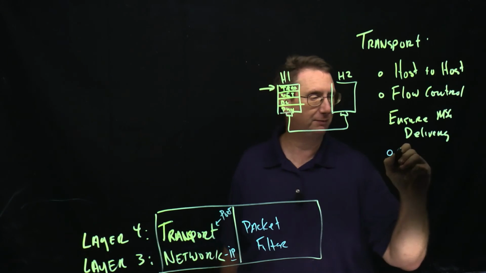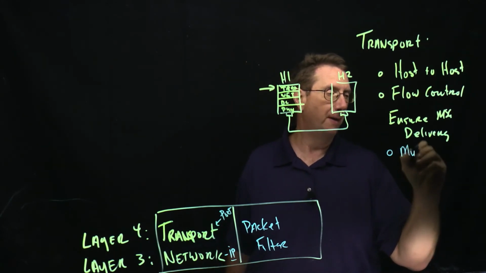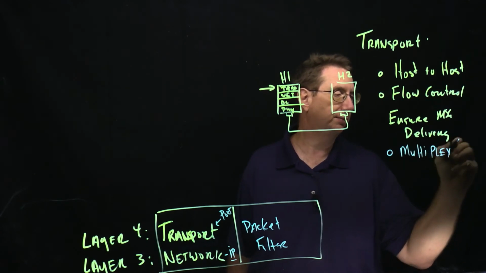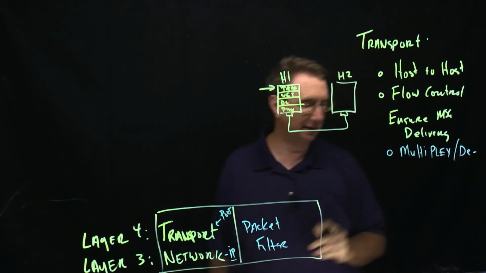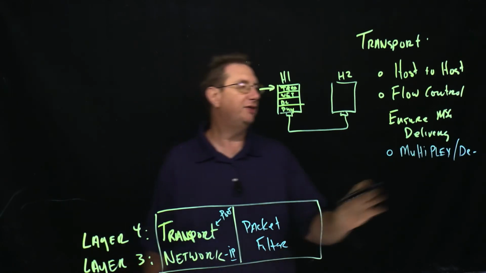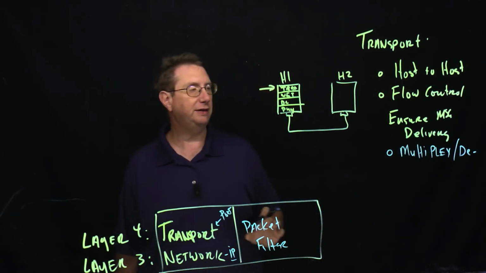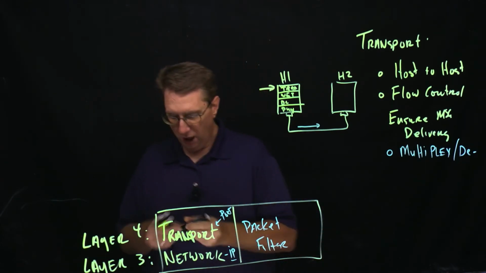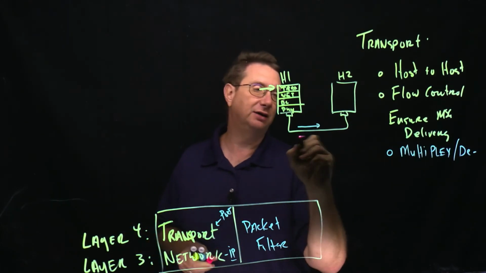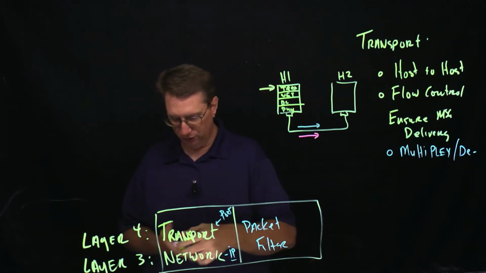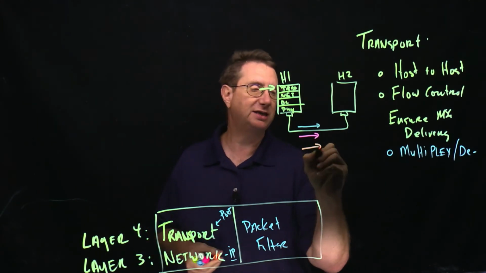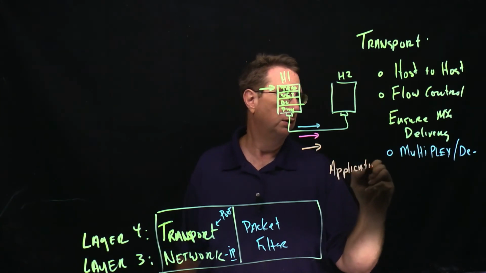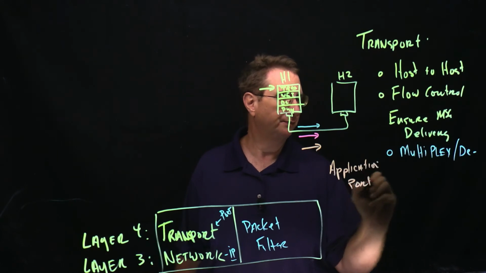It gives me the capability of offering multiplexing and demultiplexing capabilities, in such a fashion that I'm going to be able to support simultaneous communicational flows across these links that I have illustrated between the same hosts and the same devices on the basis of what we refer to as an application port assignment.